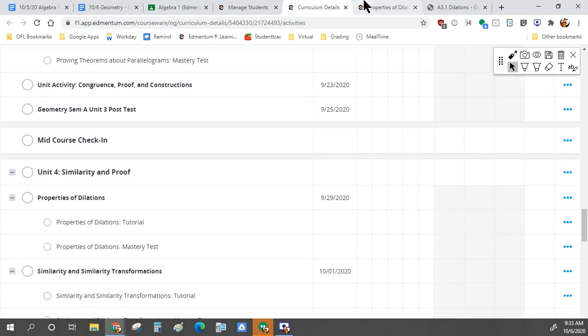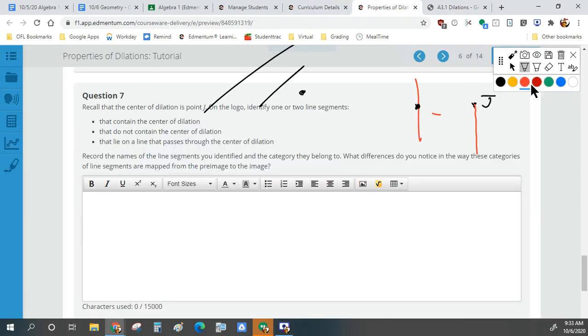So what we're going to say for this one is, if a point is the center of dilation, and I'm going to use italics, just to further emphasize, is the center of dilation, it does not move.